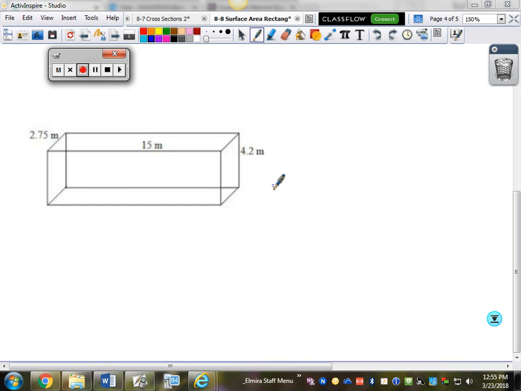Surface area would be if I have this rectangular prism up here, and I want to know how much, say, wrapping paper it would take to cover it. Or if it's a box that I'm making out of cardboard, how much cardboard would I need to make the box? You need to remember that a rectangular prism has 6 faces.